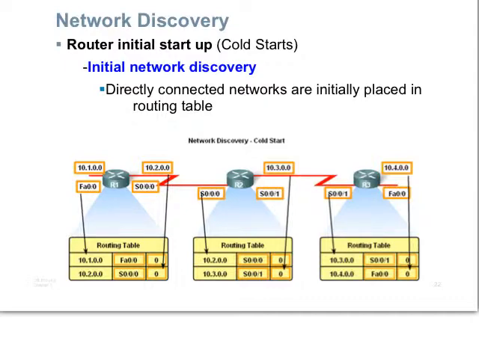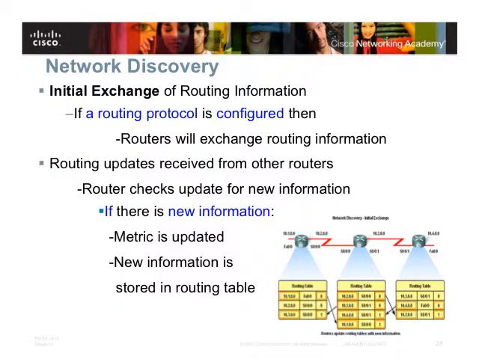Okay? So at this point in time, we have to say start RIP, or start OSPF, or start EIGRP. Once you do that, the update information will start flowing between the routers.